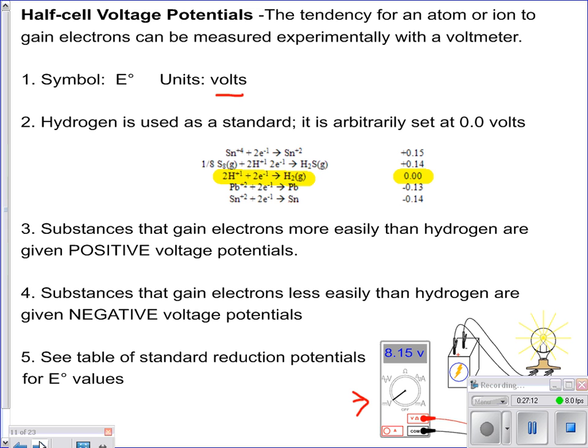So that 0 mark is just a standard that was arbitrarily chosen and set at 0. So we're going to compare everything to that. If it gains electrons more easily, then it's going to have a positive reduction, a positive voltage, because that's the reduction that we're looking at. And if it gains less easily, then it's going to have a negative voltage.